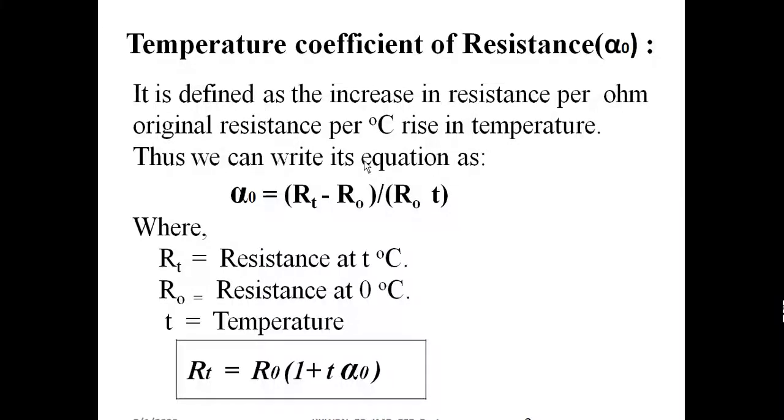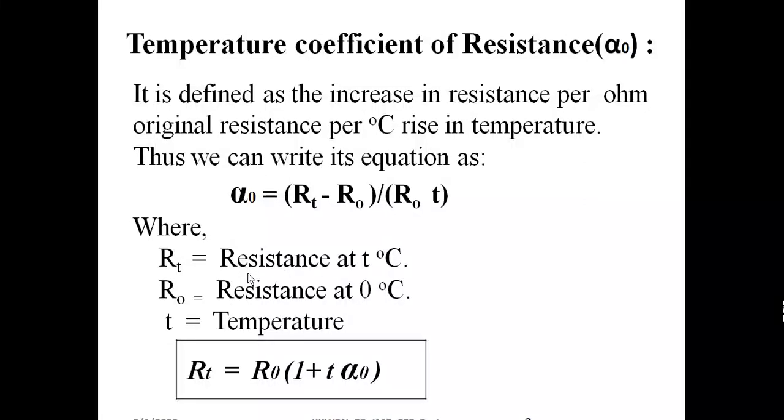If we take the reference temperature as 0 degree centigrade and the temperature to which the conducting material is subjected is t, then this alpha 0 can be written mathematically as equal to RT minus R0 divided by R0 into t.